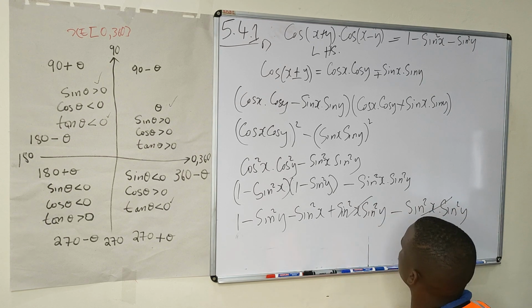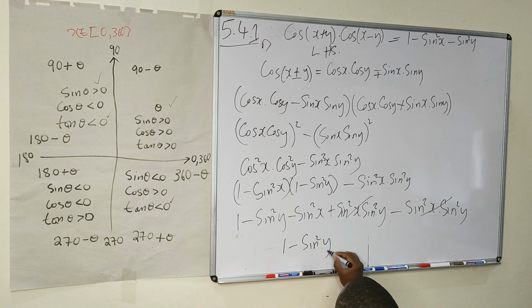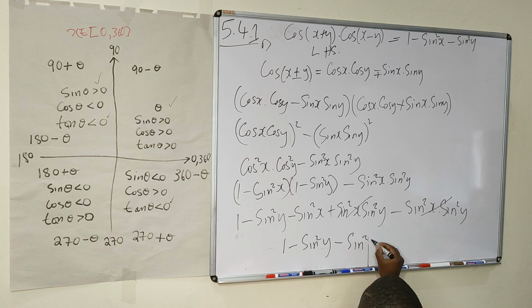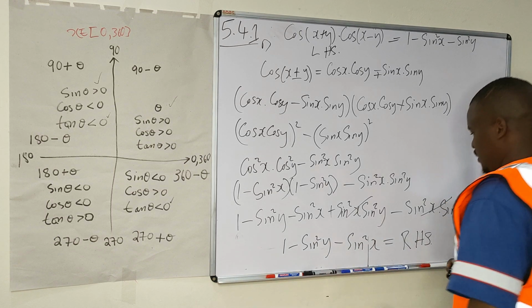So this and that goes away. We're left with 1 minus sine squared y minus sine squared x, right? Which is equal to your right hand side. We have proven this identity.